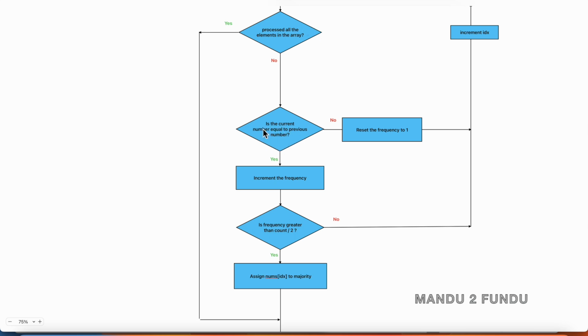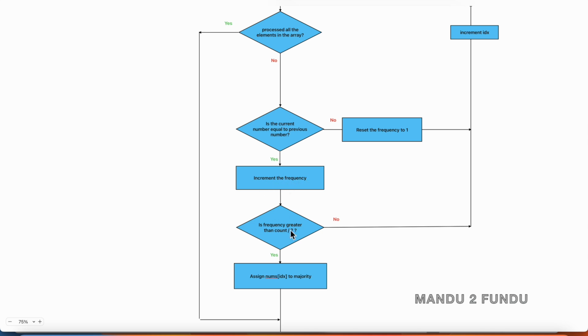If the current number is not equal to the previous number, that means we are seeing a new number. In that case, we simply reset the frequency to 1 to count the new number's frequency from now on. So whenever we see a new number, we reset the frequency to 1. Whenever we see a duplicate number, we increment the frequency.